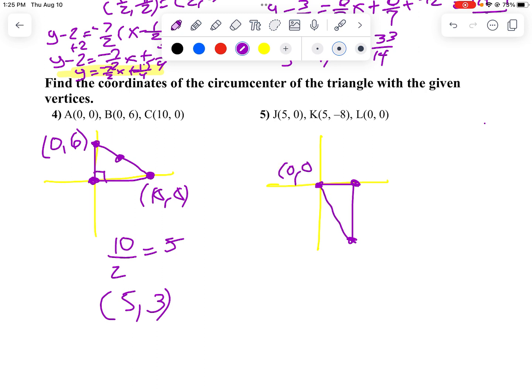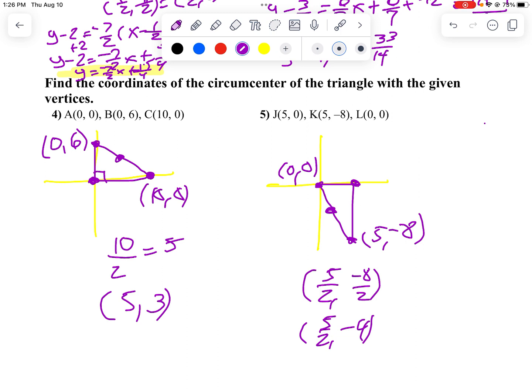So 0, 0, and 5, negative 8. So my midpoint, since it's a right triangle, is the midpoint of my hypotenuse. So half of 5, so it'd be 5 over 2. And negative 8 over 2. So I'll write that as 5 halves and negative 4. And that will be my circumcenter for both of those.